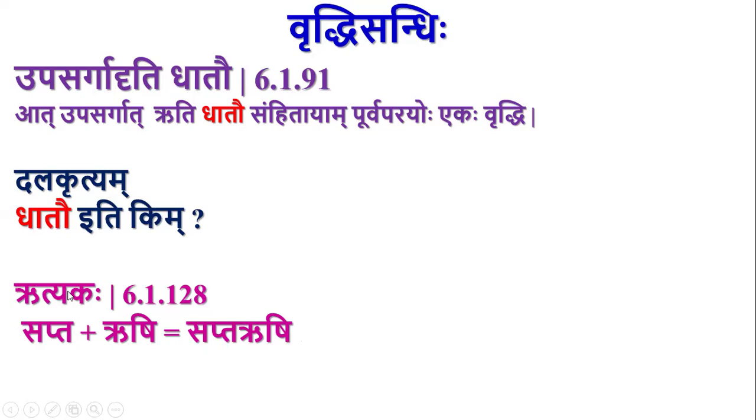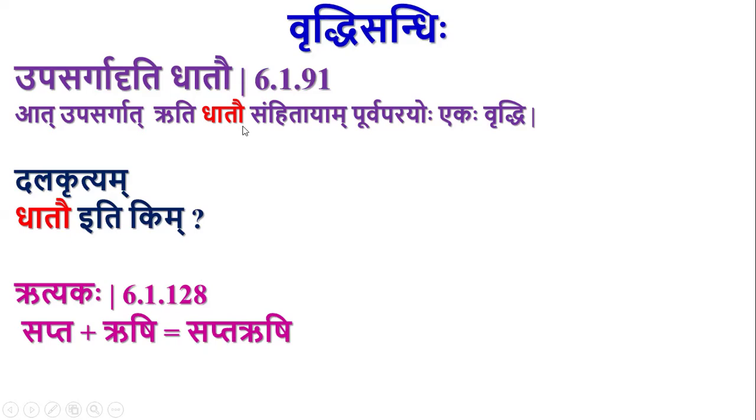Ruti akah: it should be a rukaradi word and it should be an ak letter here. So akara is an ak letter. So in cases of upasargad ruti dhatau, there also akara is followed by rukara. So by rutyakah there can be optional prakriti bhava, which is blocked by this word dhatau.